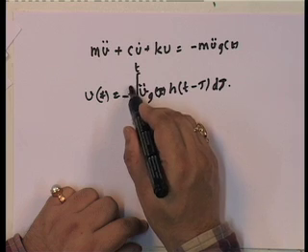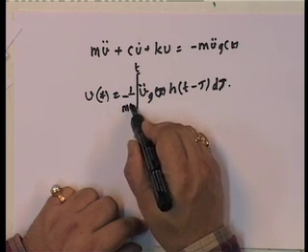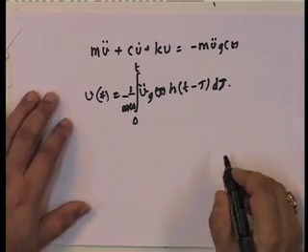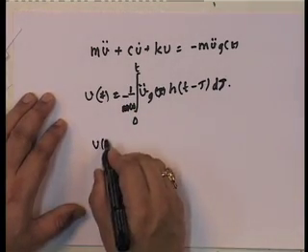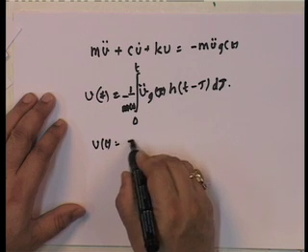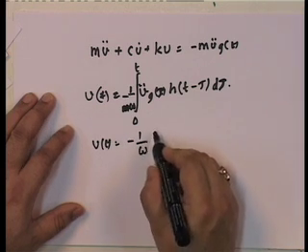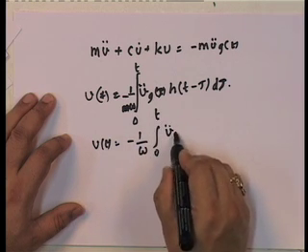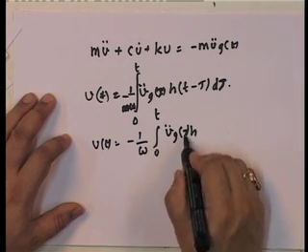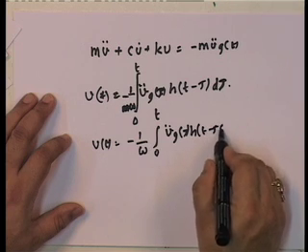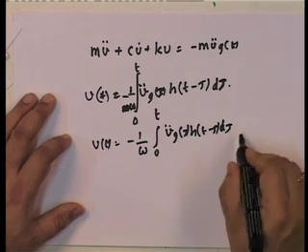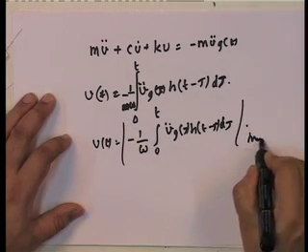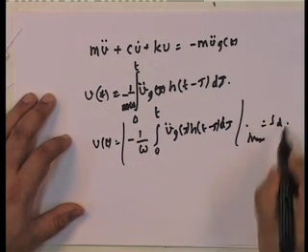Remember that this was 1 upon m omega into m. So, this thing disappears. So, what you get is essentially v of t equals minus 1 upon omega, 0 to t v g tau h t minus tau d tau, and we said that the max of this was equal to S d.